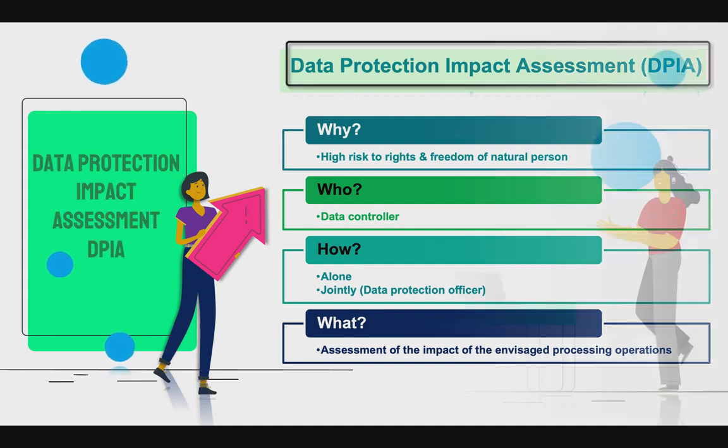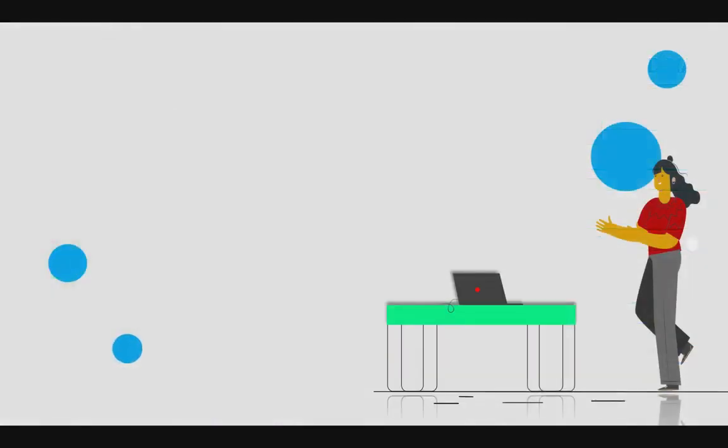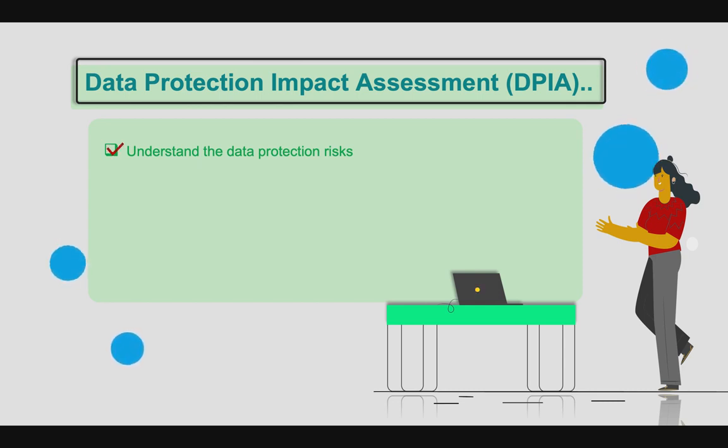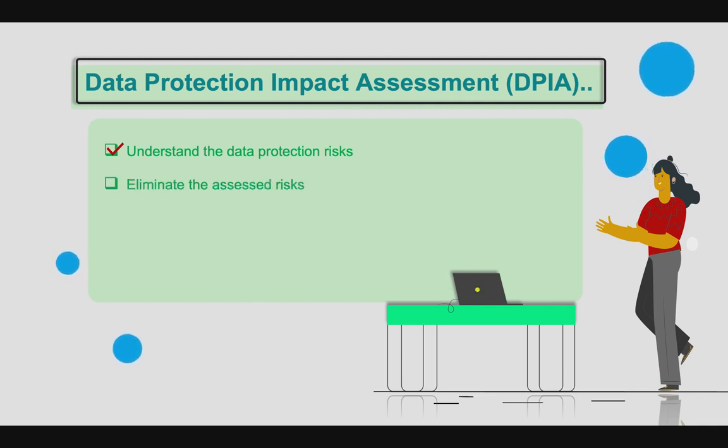Now that we know why, who, how, and what is going to be done in a DPIA, let's try to understand what the benefits are of conducting such an assessment before launching a new business or project. The benefits of a DPIA include: first, you can better understand the data protection risks that will be faced during the project. Second, you can calculate the method to decrease or completely remove those risks.